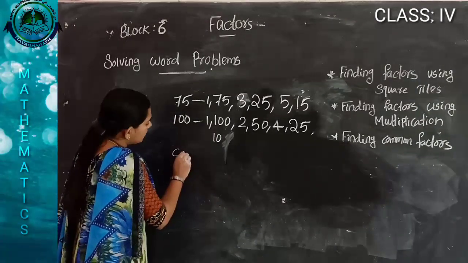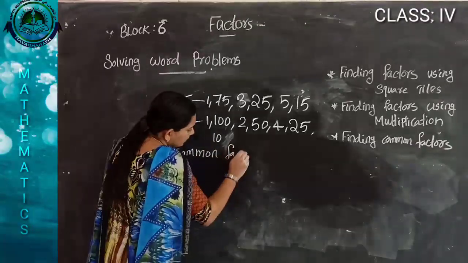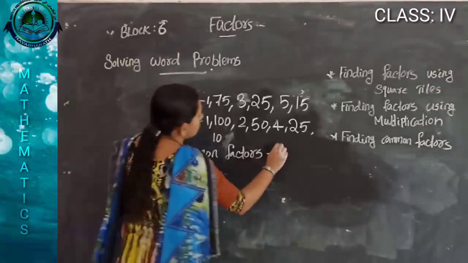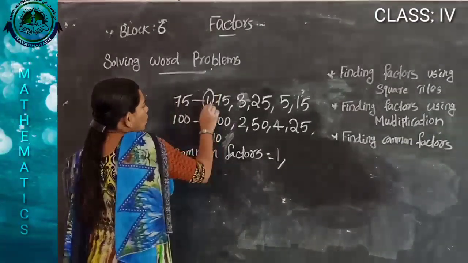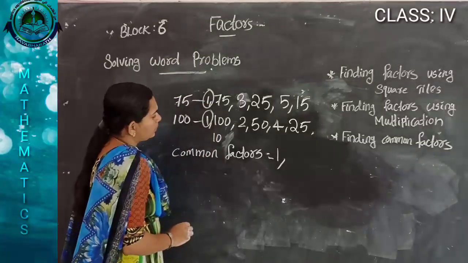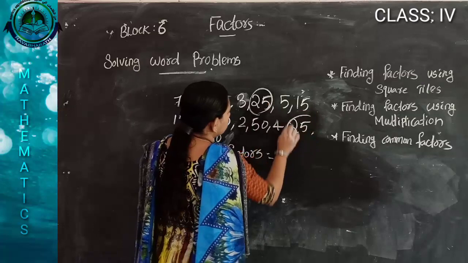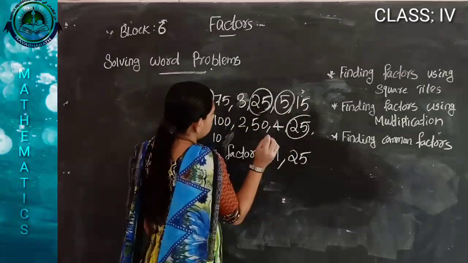So common factors. What are the common factors? 1, 5, 25.